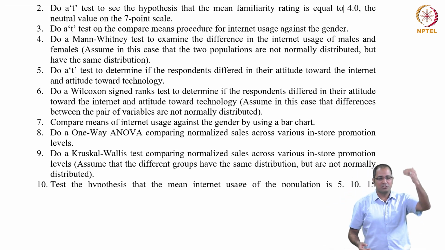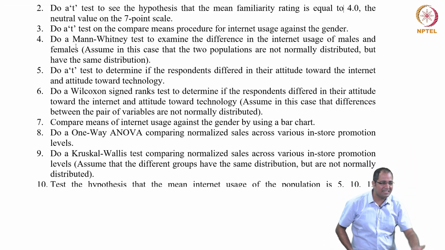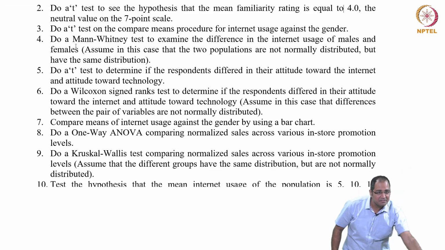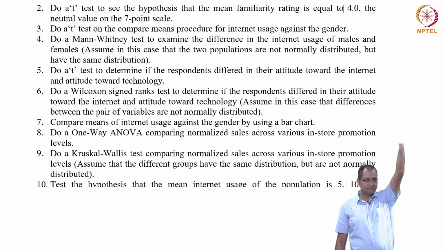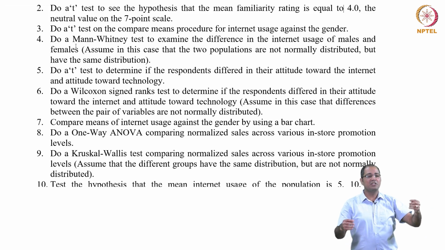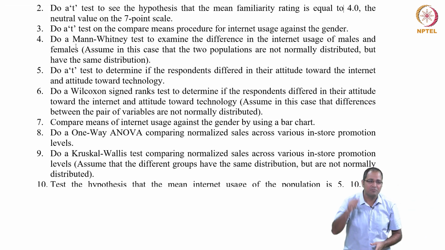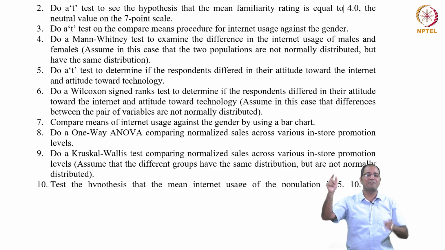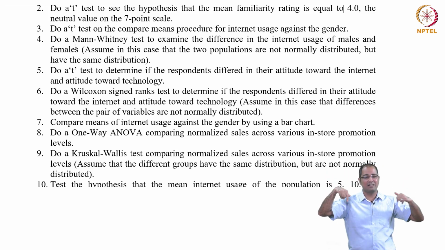Let's say the internet usage data would have been in rankings from 1 to 30. If that data would have been rankings, you cannot use the independent sample t-test, which is parametric. Parametric is for metric variables, interval and ratio. You have to use non-parametric, which is for ordinal.